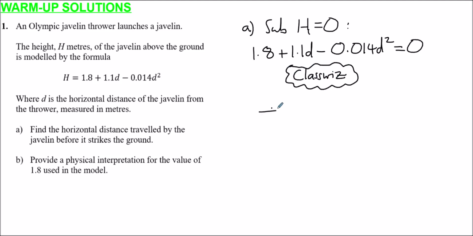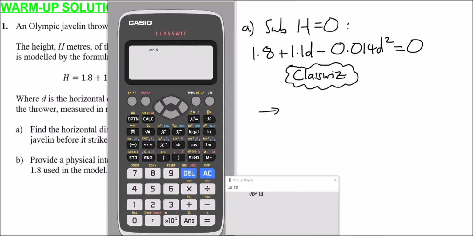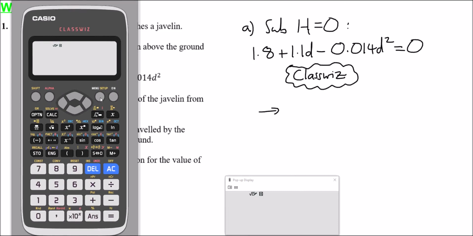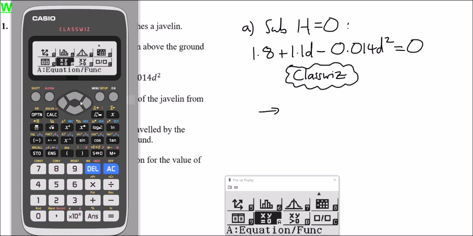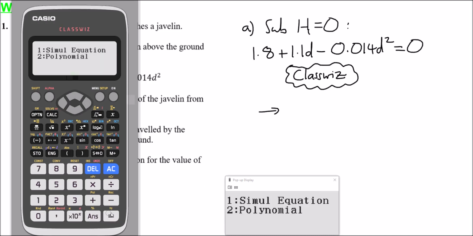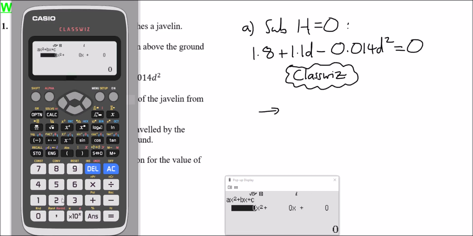So you go to the menu function, so press menu here, then we're going to scroll along to get to option A, equation slash function, so press equals. Now we've got a quadratic to solve. The highest power is 2, so press polynomial, then option 2 for quadratic.